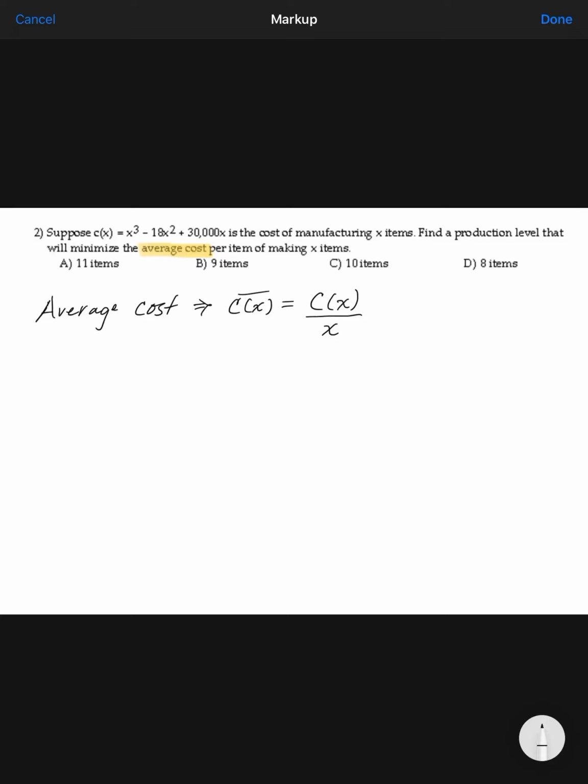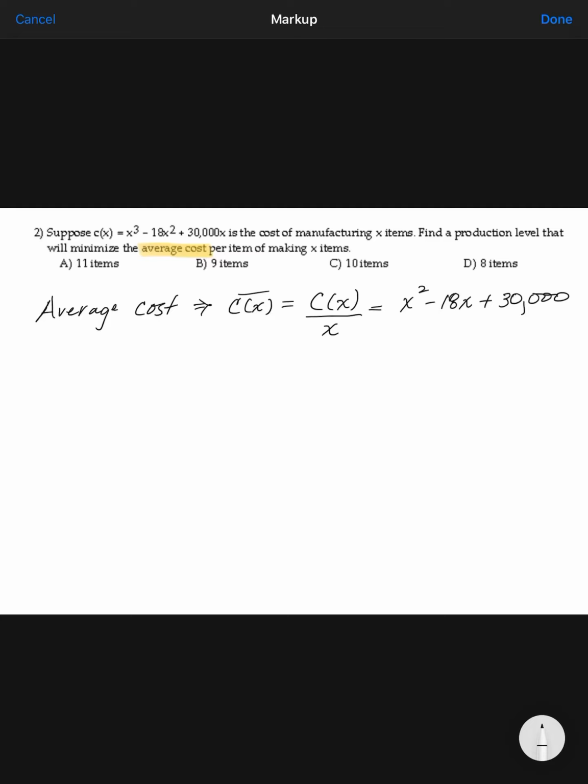So the average cost is x squared minus 18x plus 30,000. We divided each term in the cost function by x.